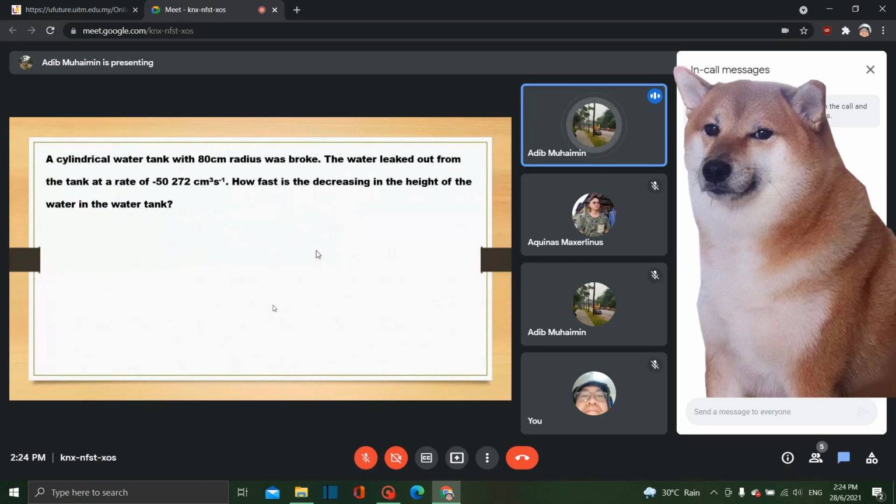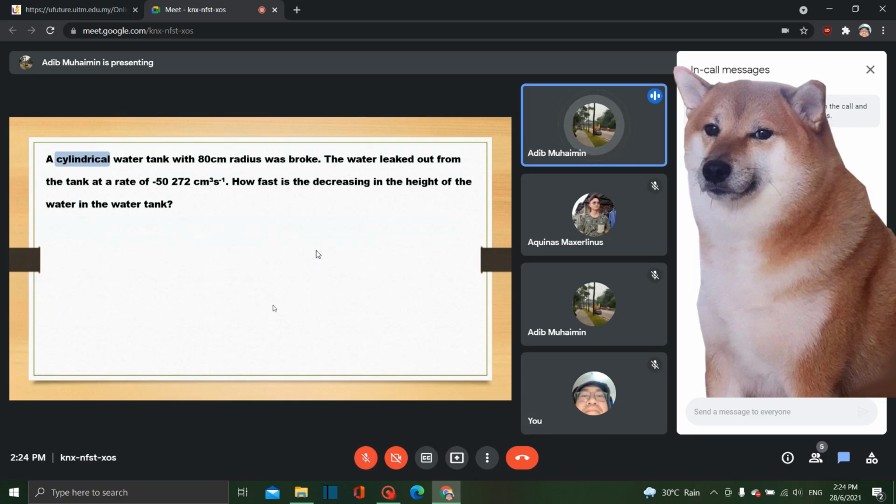For the problem solving, first we need to analyze the question and bring out any information that we get. First, in the first sentence, we get a cylindrical water tank. Cylindrical means we have the first information, which is the formula.